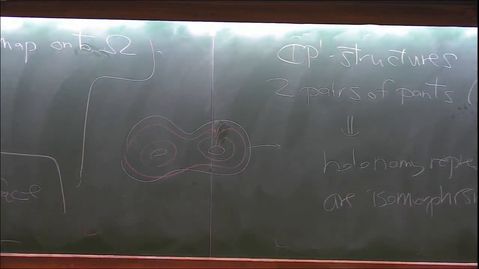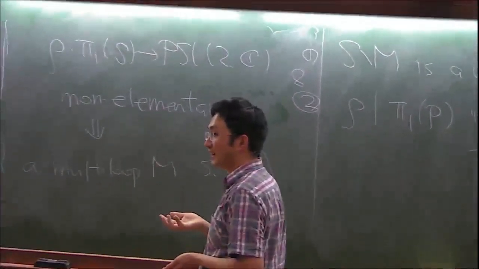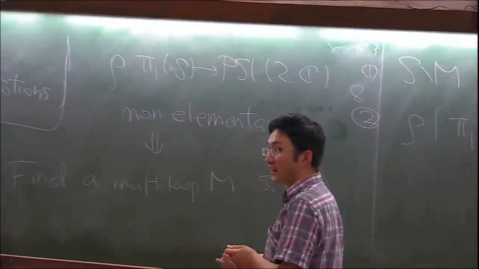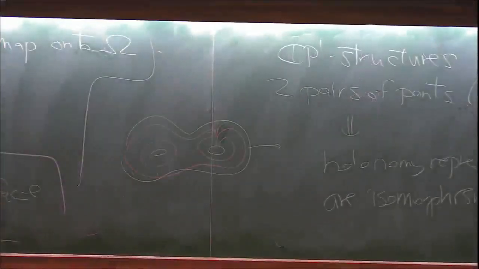The main point is that originally this representation is quite complicated. It doesn't need to be discrete at all, and it's hard to make a CP1 structure associated with it, because a lot of the examples we saw were found by quotienting a nice domain sitting in CP1 by a discrete free group. Okay, so we decompose.